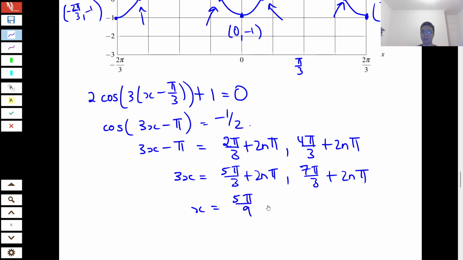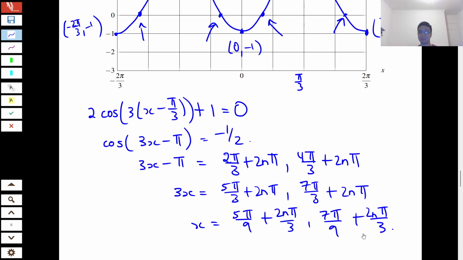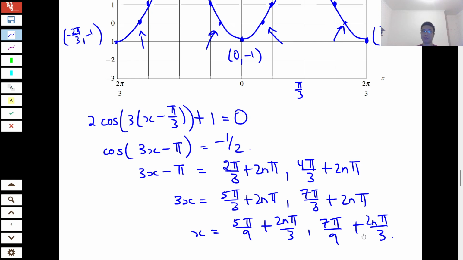So 5 pi on 9 plus 2n pi on 3, 7 pi on 9 plus 2n pi on 3. Okay, so where is 5 pi on 9? Well, that is just before 6 pi on 9. So this point here is going to be 5 pi on 9.